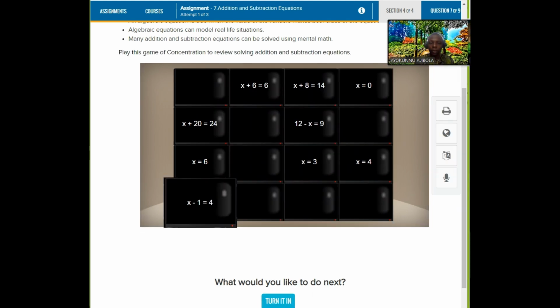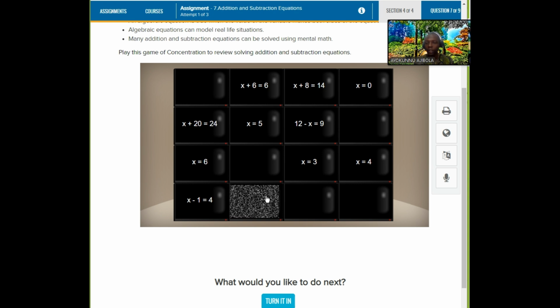It's 5 minus 1 that can give us 4. So that means it has to match with this second space here. Okay. Now let's check the next one. This one says 6 plus x is 8. That's 6 plus 2 gives us 8.